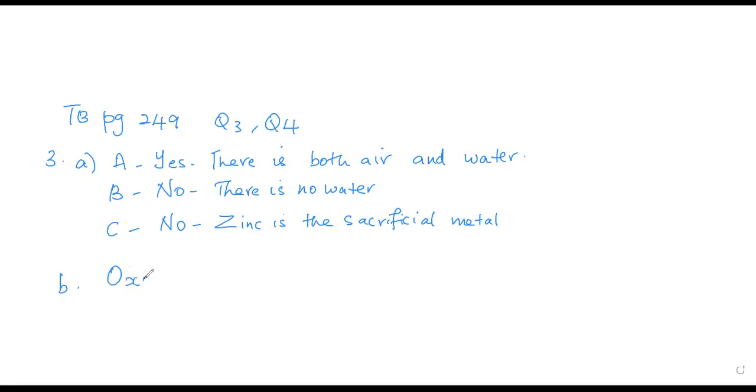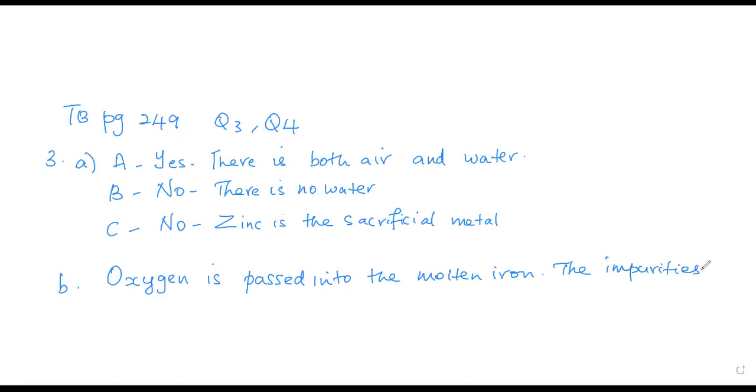Okay, good. This is 3 marks, so you need to write 3 to 4 relevant points. Oxygen is passed into the molten iron. The impurities are oxidized.